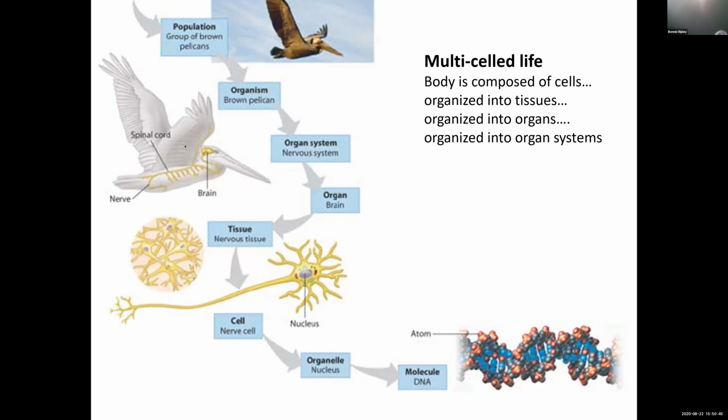We look at the way that organisms are constructed. Biology is broken down into the level of size of things that we're looking at. So if we start at the very smallest level of organization of the body of a living thing, it's made of atoms that are formed into molecules.